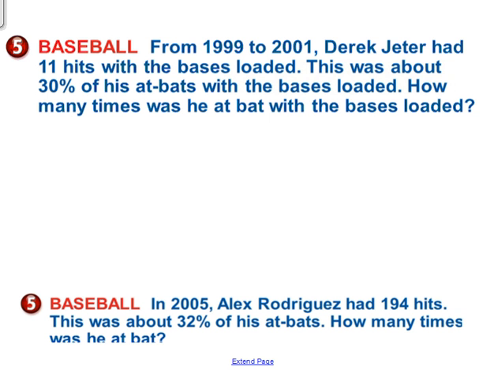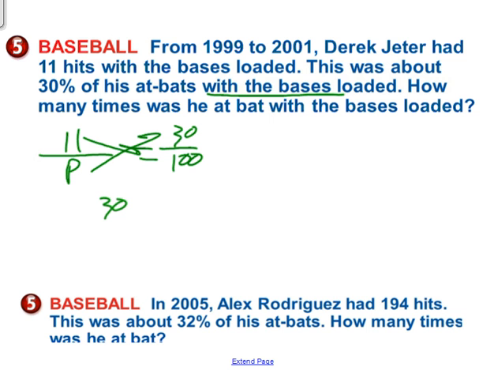Baseball, from 1999 to 2001, Derek Jeter had 11 hits with the bases loaded. This was about 30% of his at-bats with the bases loaded. How many times was he at bat with the bases loaded? So we're looking for the whole number. We know that 11 is to the whole number as 30 is to 100. So again, cross multiplying, 30 times the whole number is equal to 1100.